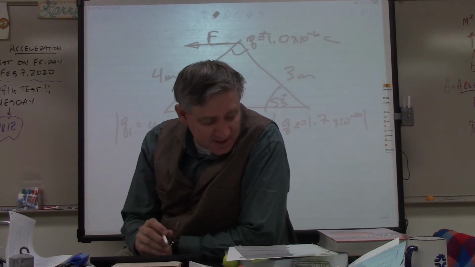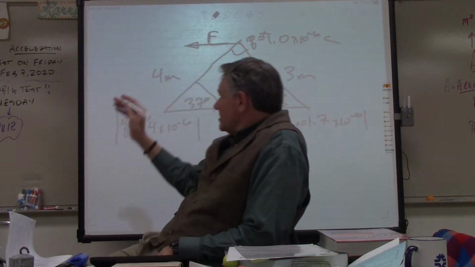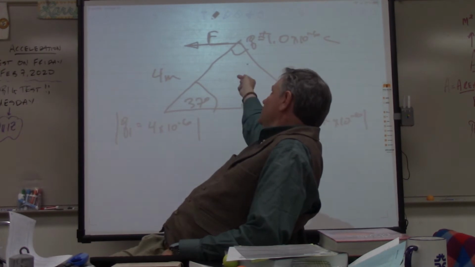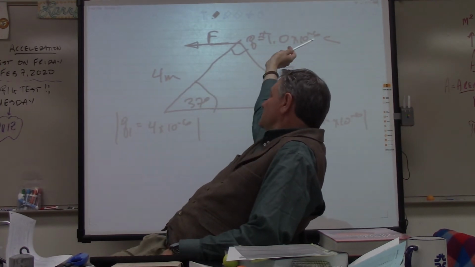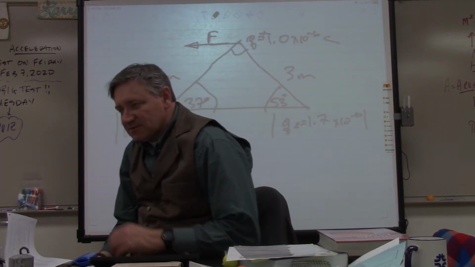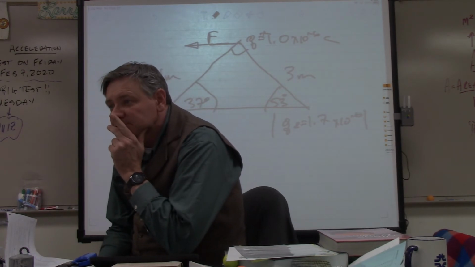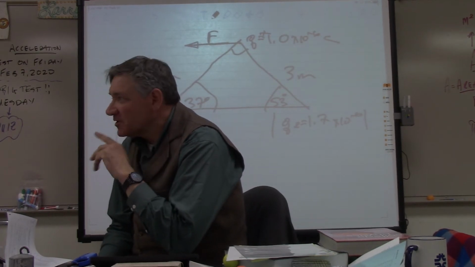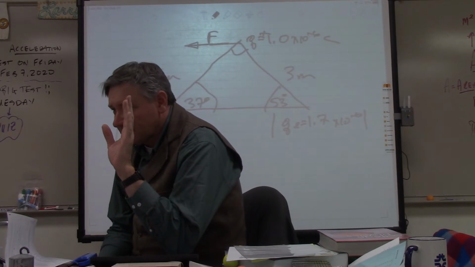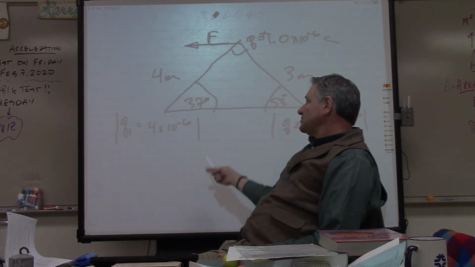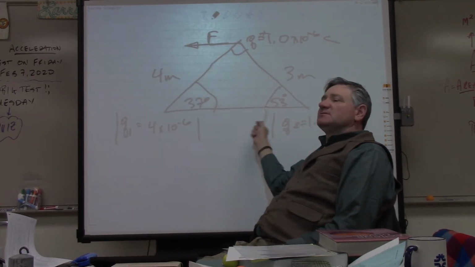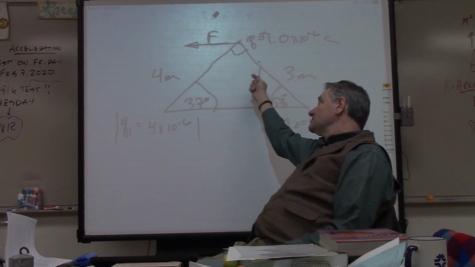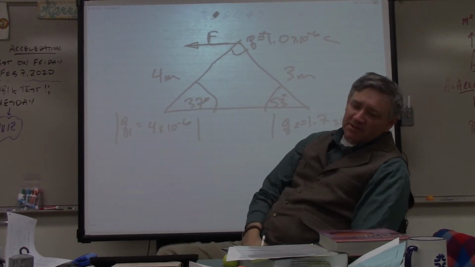So the question is what the charges on Q1 and Q2 are so that the net effect of those charges produces a force pointing to the left. They have to be positive or negative. Yes, that's what you're trying to figure out: what are the charges on these down here so that the net effect is pointing to the left?